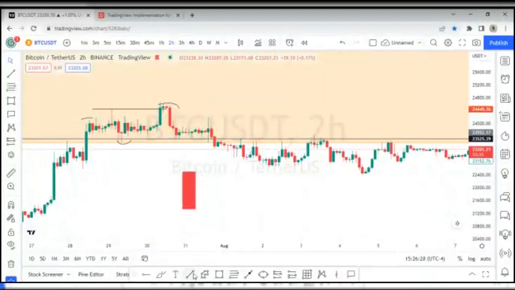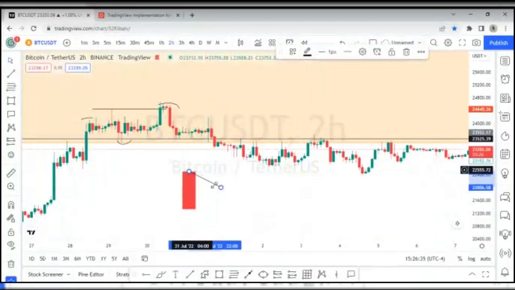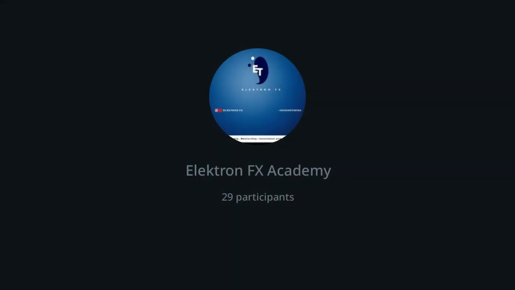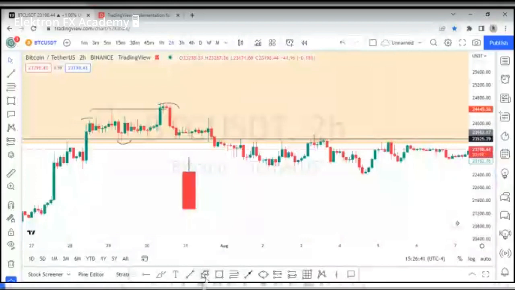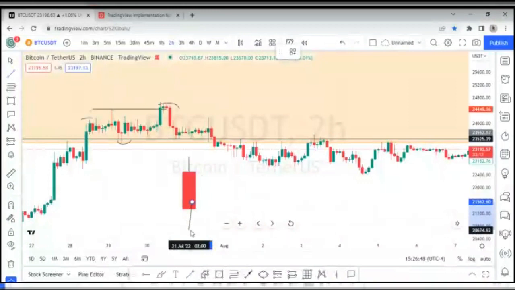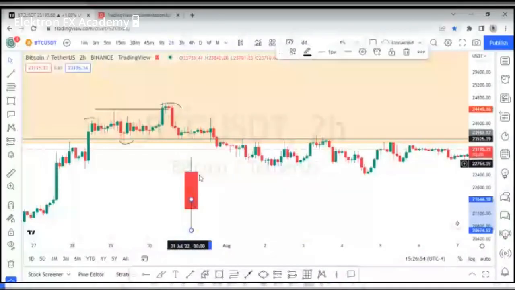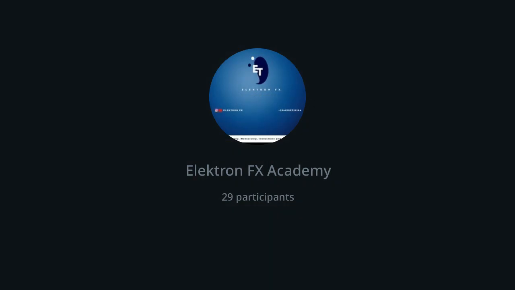The candle has an upper wick, and then you see the candle giving a lower wick. I don't want to see the market do something like this.